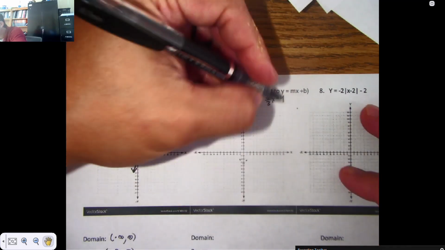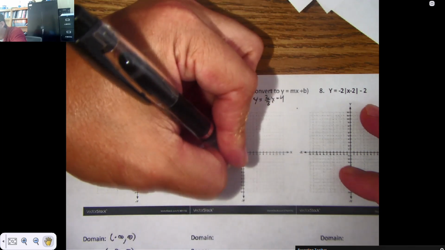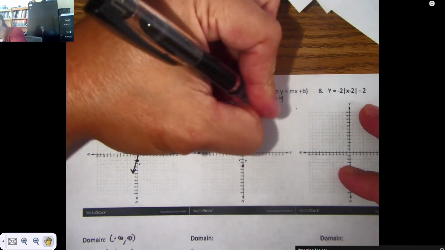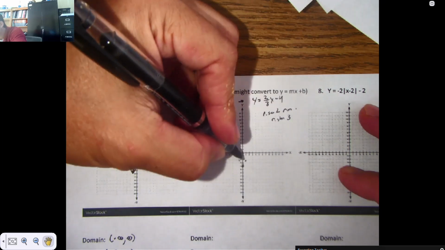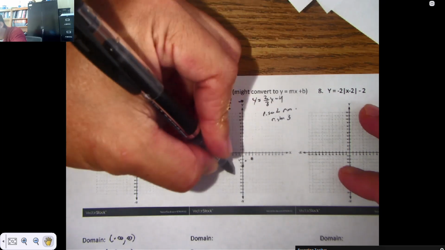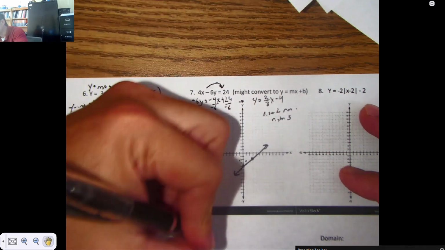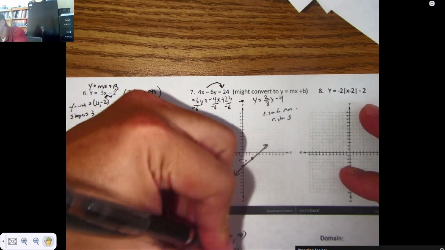You have a y-intercept at negative 4. From there, you rise 2, run right 3. So I rise 2 and I run right 3, and it looks something like that. And its domain is still negative infinity to infinity, and its range is still negative infinity to infinity.